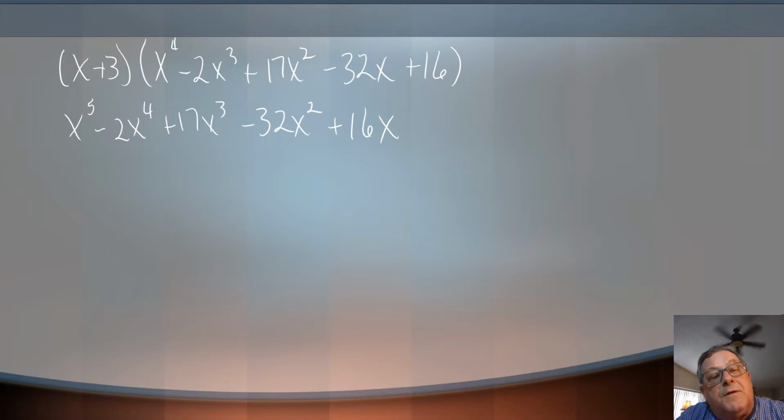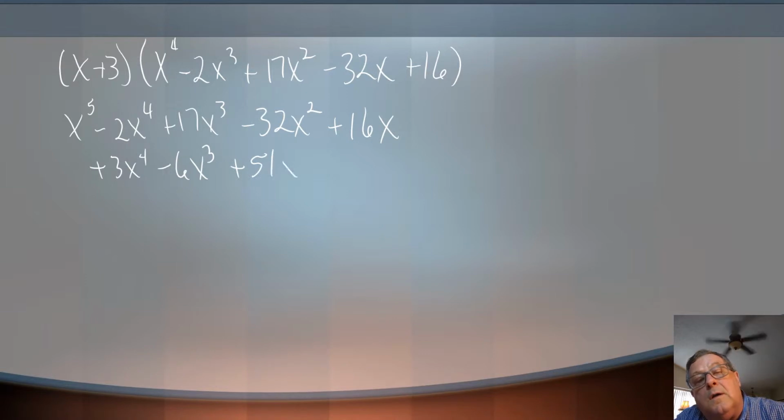So 3 times x to the 4th is positive 3x to the 4th. 3 times negative 2x cubed is negative 6x cubed. 3 times 17x squared is positive 51x squared. 3 times negative 32x is negative 96x. And 3 times 16 is positive 48.